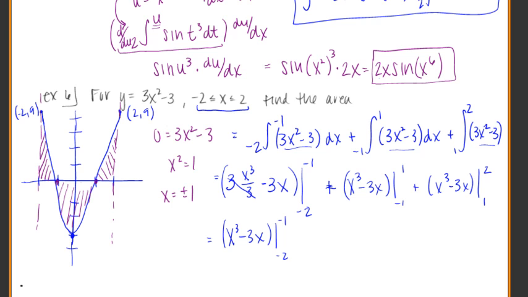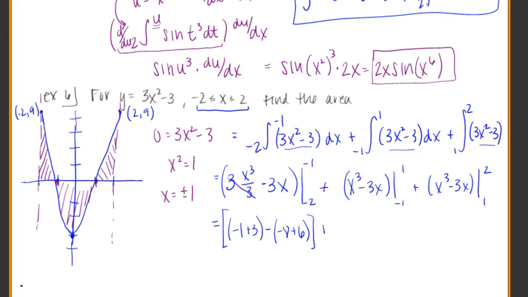Let me erase this part down here so I can use my room appropriately. Now let's plug in, always the upper bound minus the lower bound. For the first group, the upper bound negative 1 plugged in: negative 1 cubed is negative 1, plus 3, minus the lower bound plugged in, negative 8 plus 6.